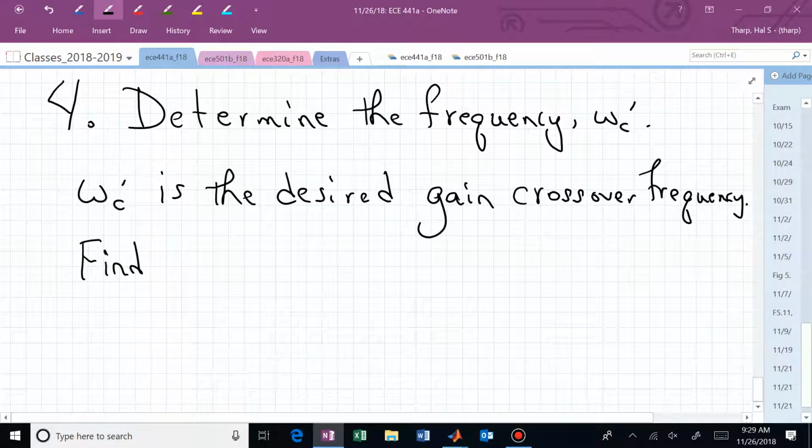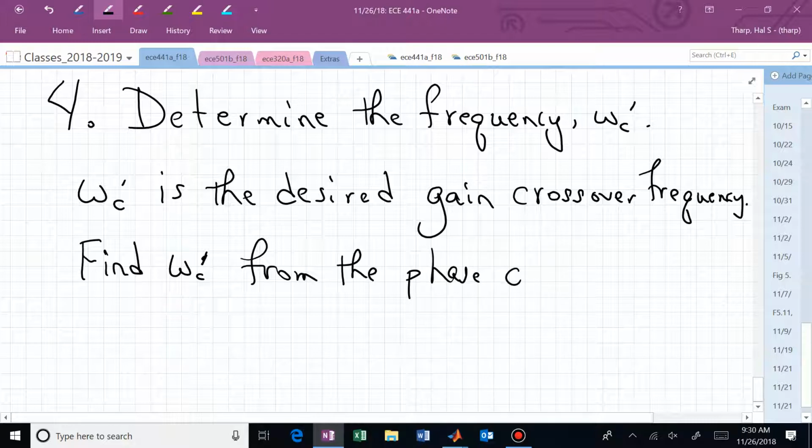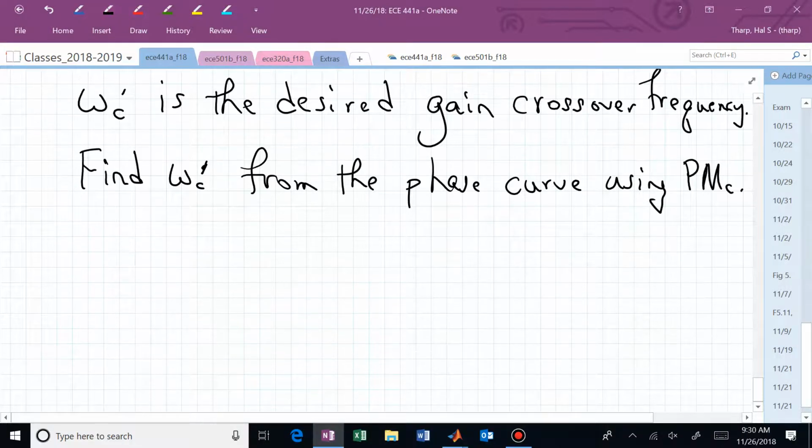And we can find that omega sub c prime from the phase curve using what we will call Pm sub c.